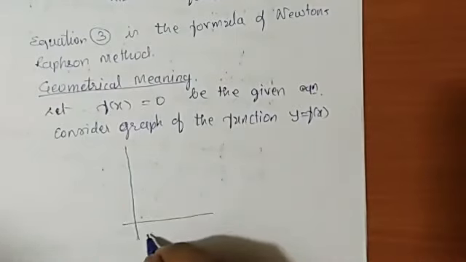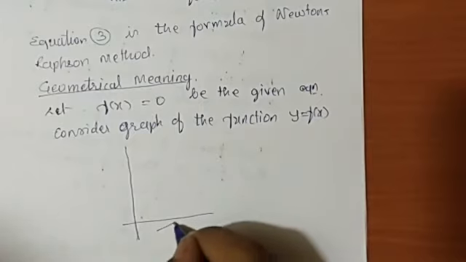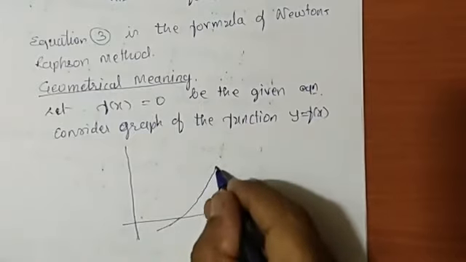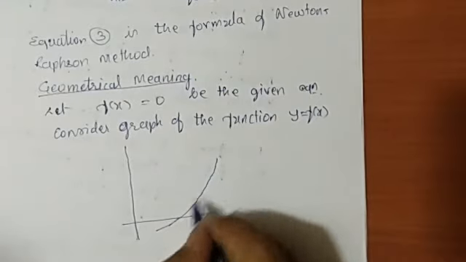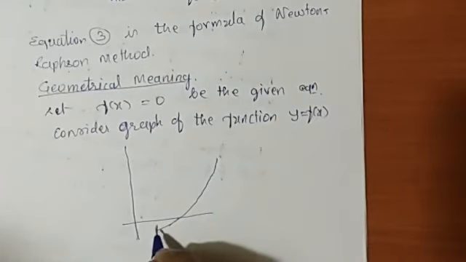So I draw the graph of the function now. Let this be the graph of the function. Again, as you know, make sure that the root lies in that interval.